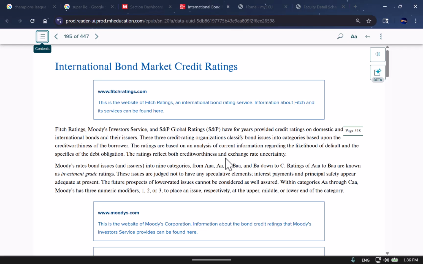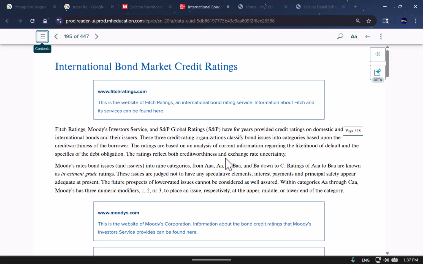If I'm a Turkish firm, let's say I'm Turkcell, which is the largest cell phone provider in Turkey, okay? And I am issuing bonds to finance my investment into the next generation of stuff. For example, they recently started 5G.